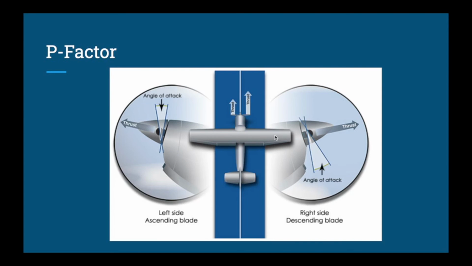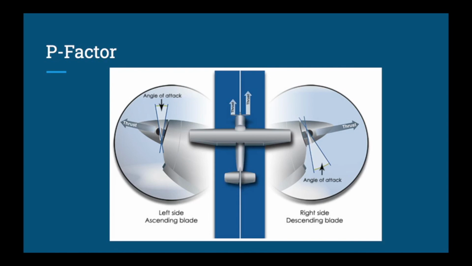So on the right, if we have a higher angle of attack, the downgoing blade is going to produce more lift. If it has more lift, it's going to pull harder on that propeller, and this is going to cause the airplane to yaw to the left. You'd have to correct it with right rudder in order to stay nice and straight.